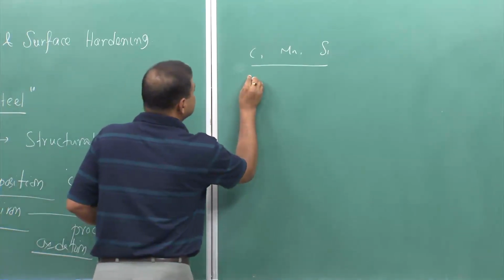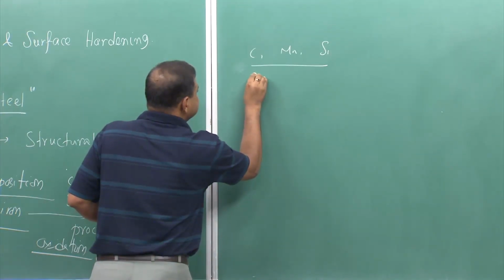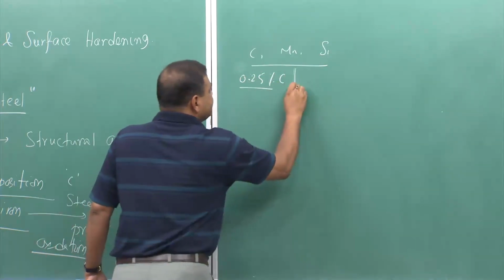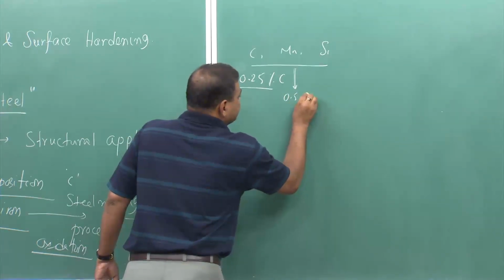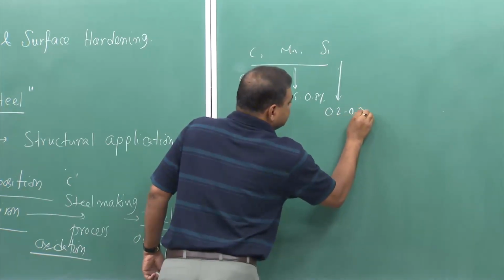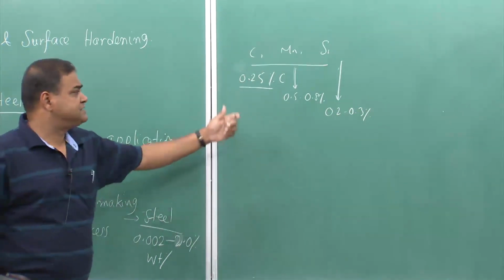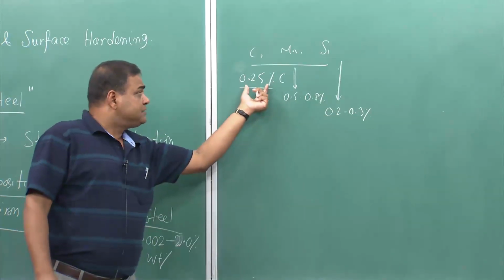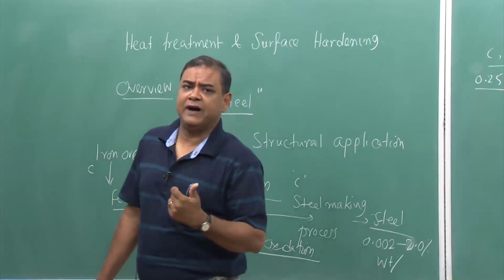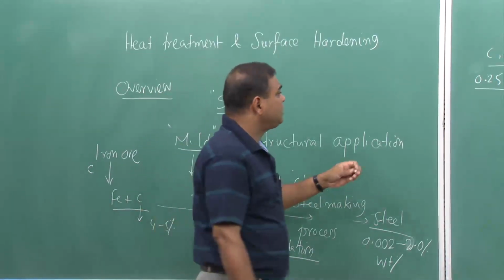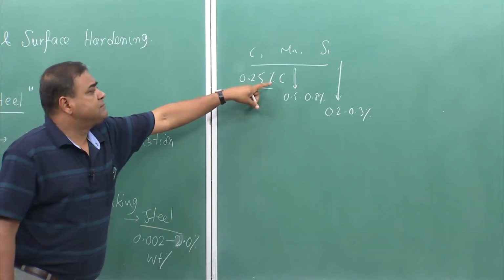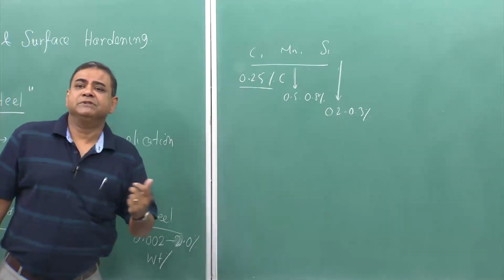Carbon, in case of mild steel, is a maximum of 0.25%. Manganese can be 0.5 to 0.8%, silicon could be 0.2 to 0.3%. Depending on different varieties, these can vary a little, but the carbon always stays around 0.25. If it is more than 0.25, that will not come under the category of mild steel. So, if we take 0.25% carbon maximum, we can term it as mild steel.